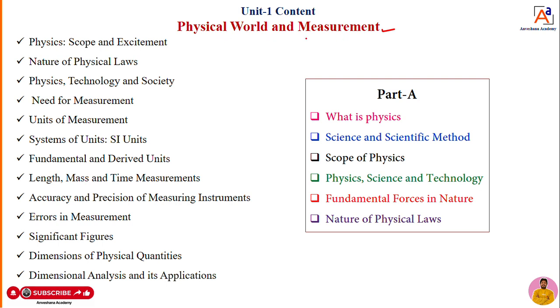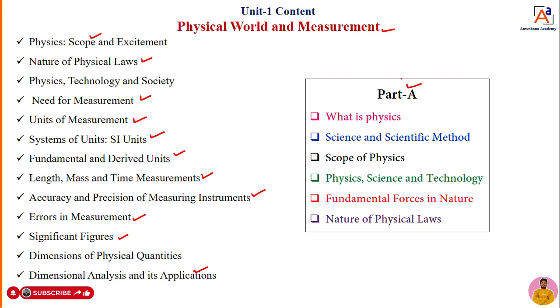In this unit, we are going to study physics and its scope and excitement, nature of physical law, physics, technology and society, need for measurement, units of measurement, system of units, fundamental and derived units, length, mass and time measurement, accuracy and precision of measuring instruments, errors in measurement, significant figures, dimensions of physical quantities, dimensionless quantities and dimensional analysis and its application. In this first unit, we are going to have two parts here.